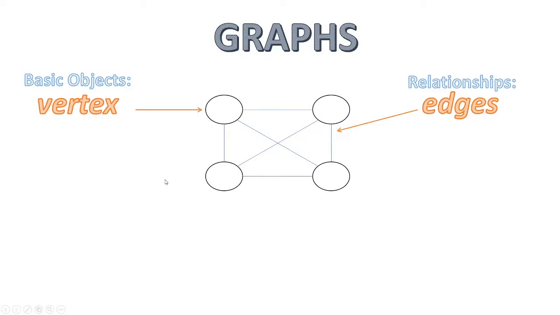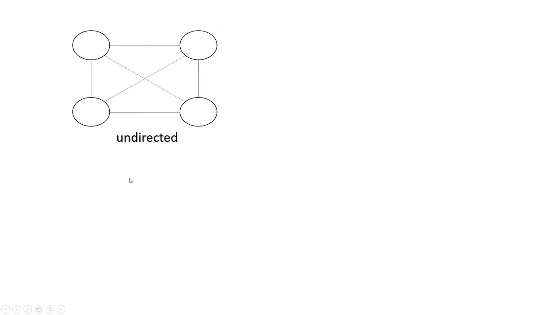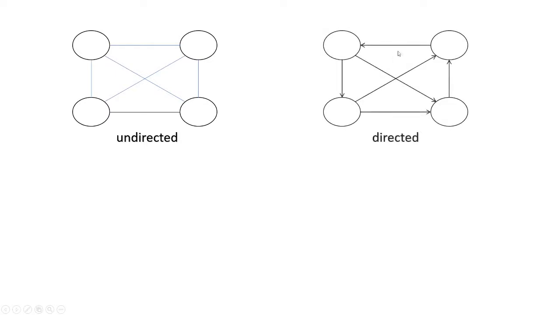Before we continue, there are actually two kinds of graphs, one of which we have already seen. It is the undirected graph, and the other one is the directed graph. It's pretty obvious. The only difference is that the directed graph has a direction in it, whereas the undirected graph does not.